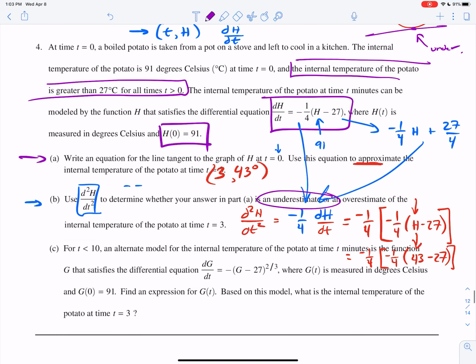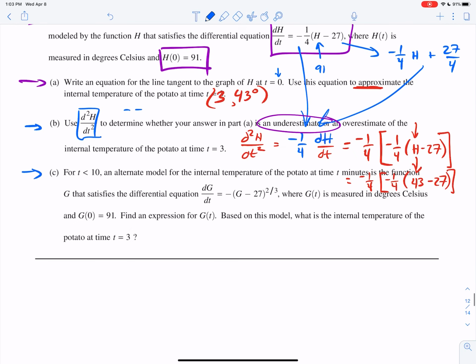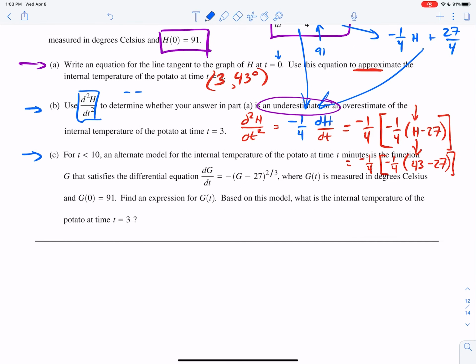Here's the last one, part C. They ask you about an alternate model. They give you dg of dt, g of 0 equals 91. Find an expression for g of t. So we have to integrate dg dt.